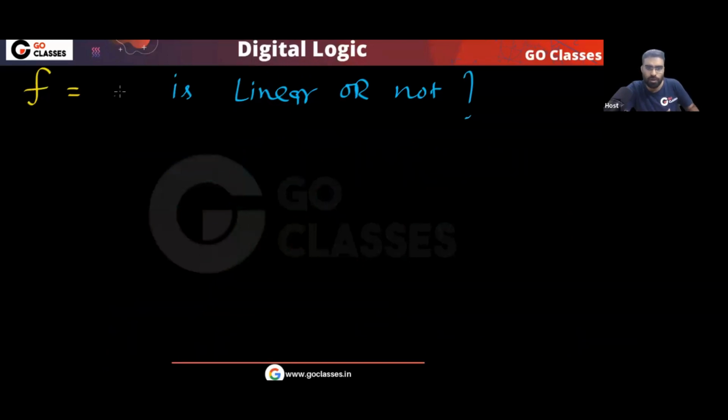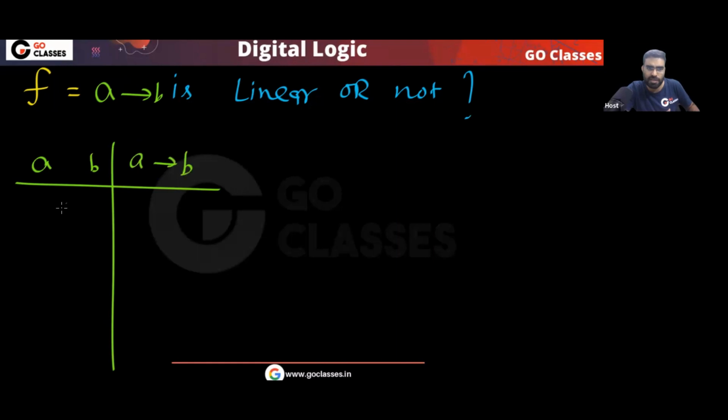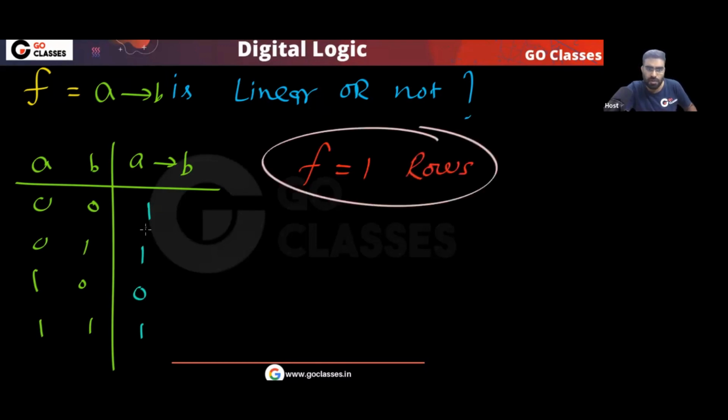Please tell me. What about implication? What about A implies B? 0, 0, 0, 1, 1, 0, 1, 1. See, this is the truth table of implication. Now again, look at the f equal to 1 rows.